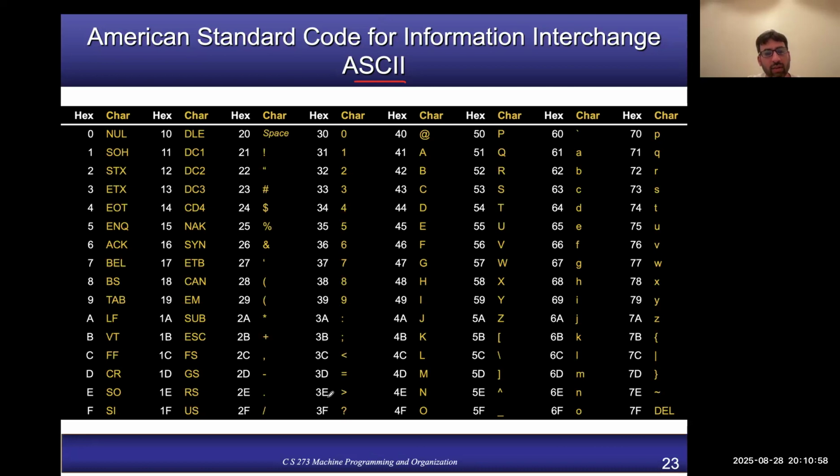For example, let me pick a character, A. When you press A on your keyboard, the value transferred to your digital hardware is definitely not A, because digital hardware cannot recognize A as a character or symbol.